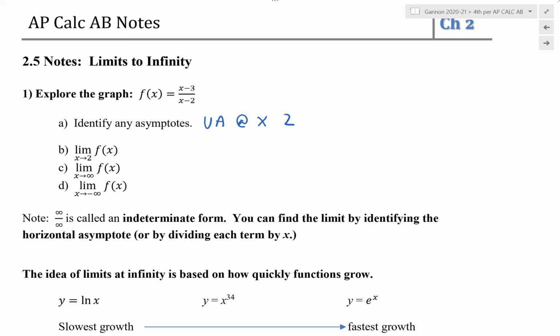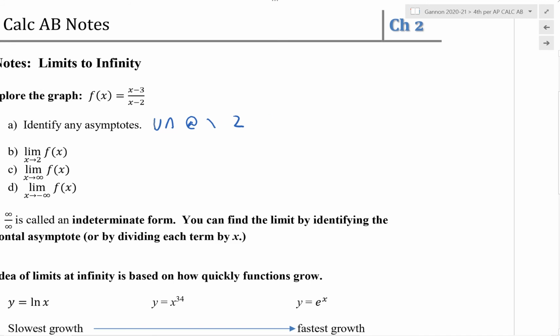When the degrees are the same, you take the lead coefficient of the numerator over the denominator. In this case, you have a 1 in front of x to the first power, so our horizontal asymptote is going to be at y equals 1. Those would be the asymptotes for this particular function.